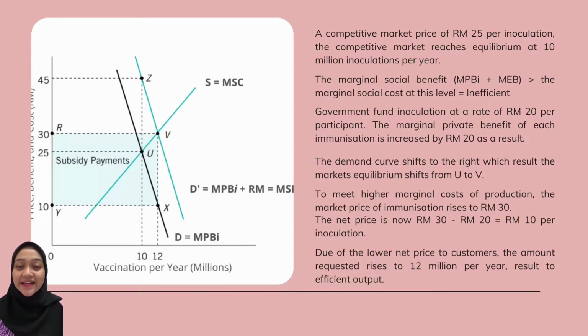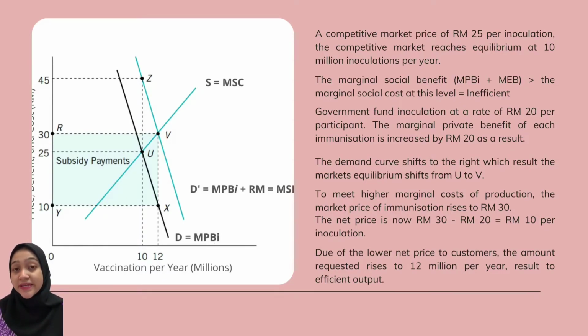As you can see in the graph beside me, it explains the competitive market achieves its equilibrium at 10 million inoculations per year at the competitive market price of 25 ringgit Malaysia per inoculation. This is inefficient because at this level, the marginal social benefit exceeds its marginal social cost.